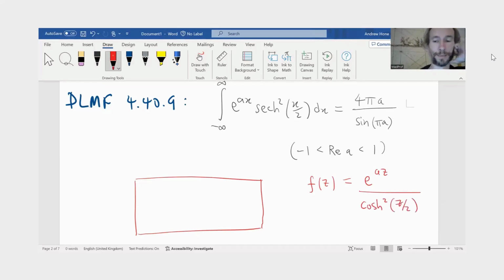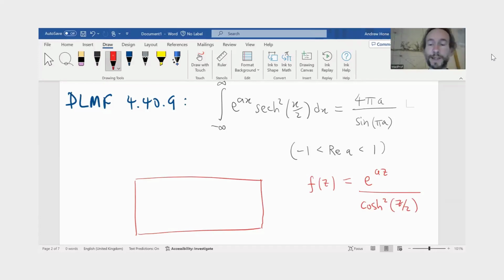And then, maybe you can see, if you know how cosh is related to cosine, and you know that cosine vanishes at pi over 2 and minus pi over 2. So in fact, the hyperbolic cosine vanishes at i pi on 2 and minus i pi on 2.